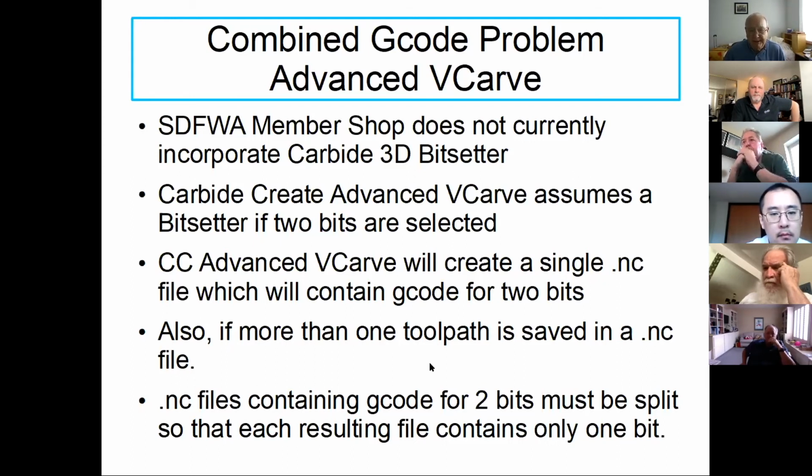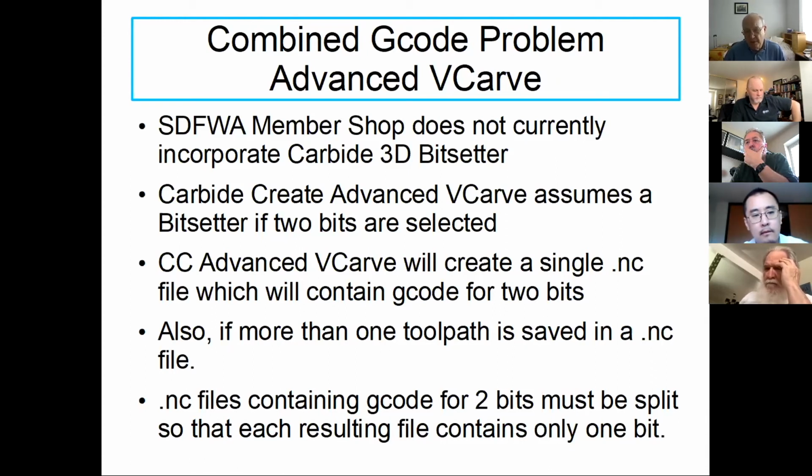So the rule is, Carbide Create can create a single G-code file, and there's multiple ways of doing it, just not in VCarve Advanced or Advanced VCarve, but there's ways of making a single G-code file or a .nc file in Carbide Create's area that have 2 or more bits in it.